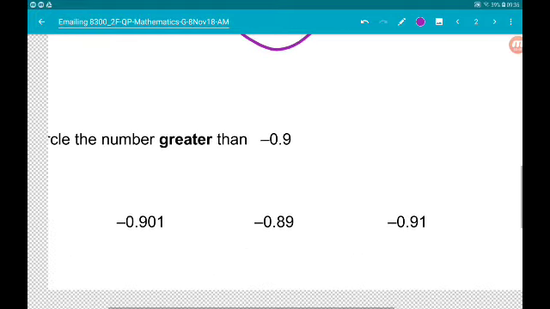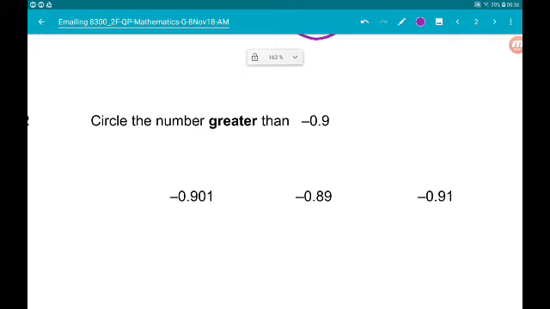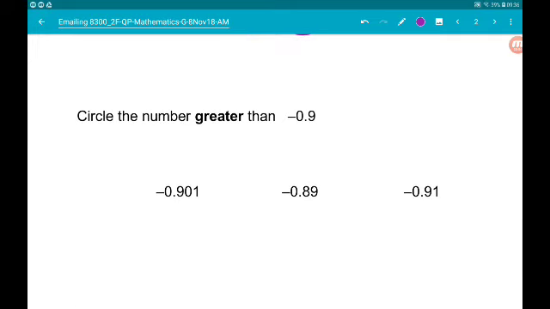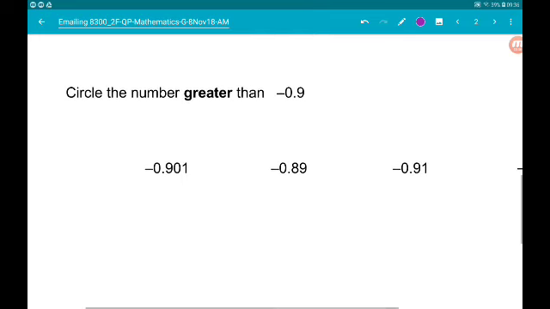Question 2. Circle the number greater than minus 0.9. So, we want greater than, so that basically means a smaller negative number.